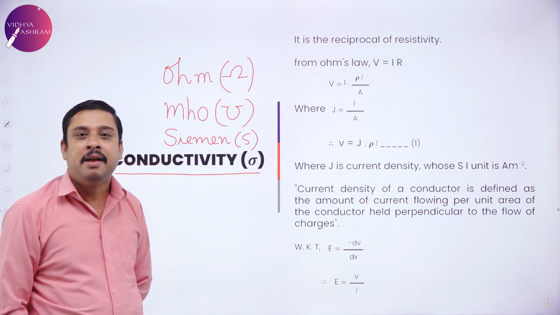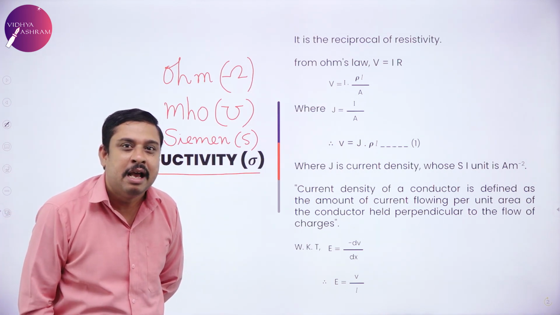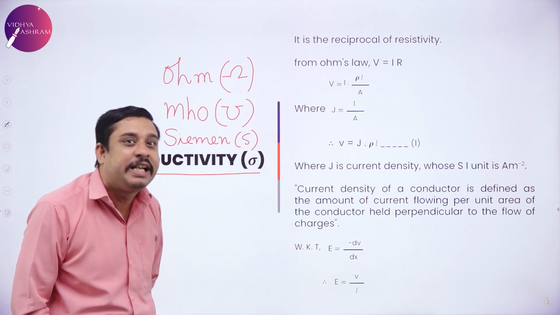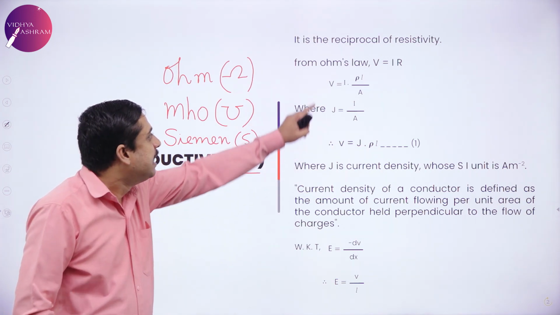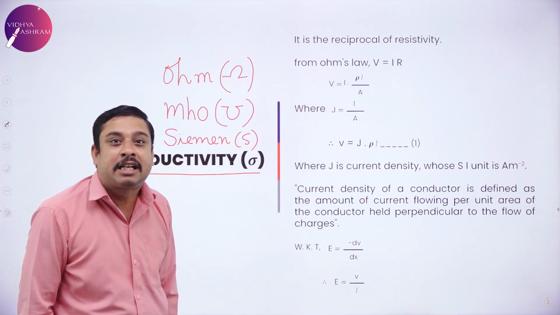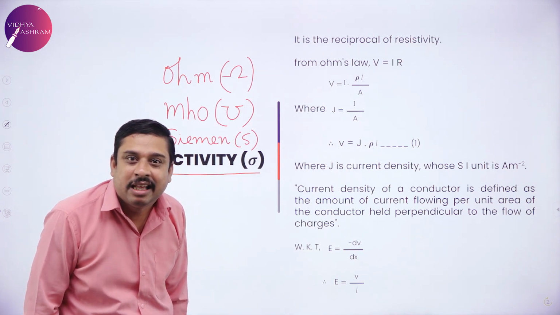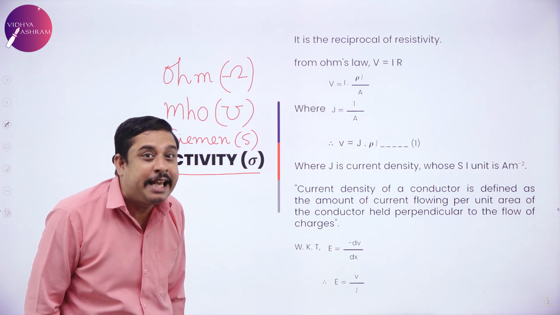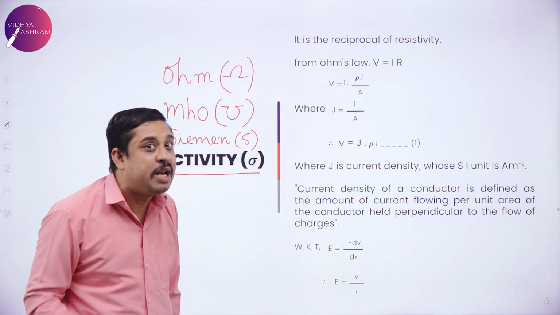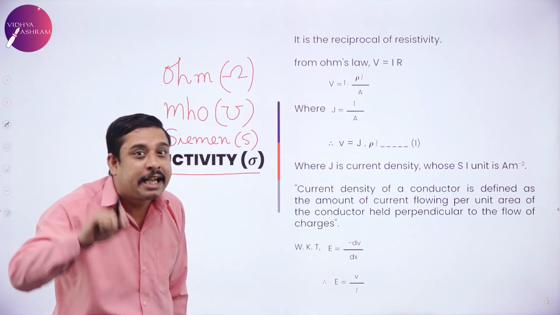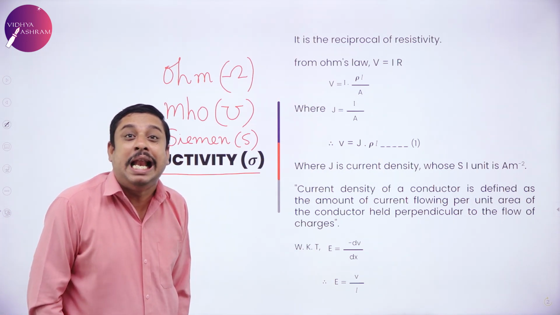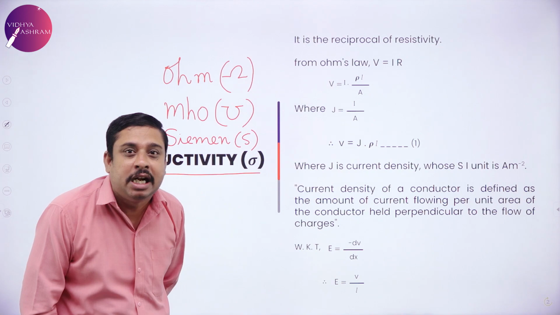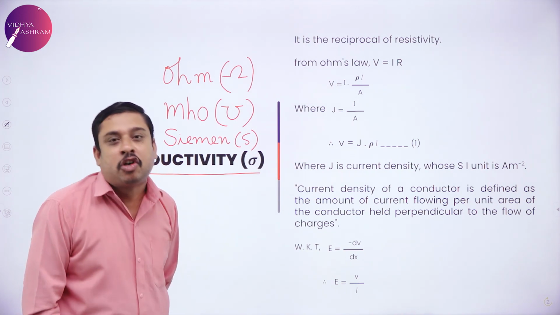From my yesterday's session, how did we relate resistance and resistivity? First we told resistance was directly proportional to length and inversely proportional to cross-sectional area. I told you this in Y1, you must remember all this. Resistance is directly proportional to the length of the conductor and inversely proportional to area of cross section.